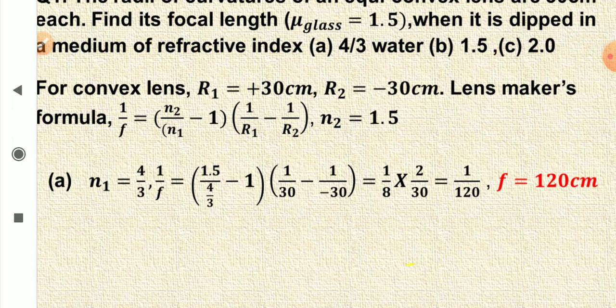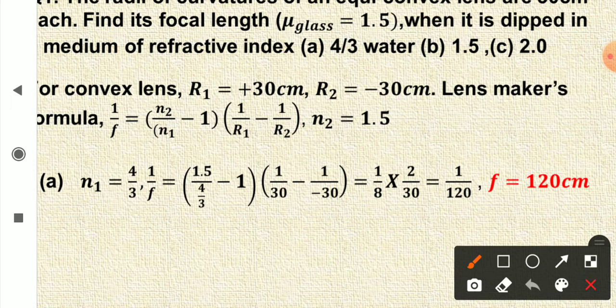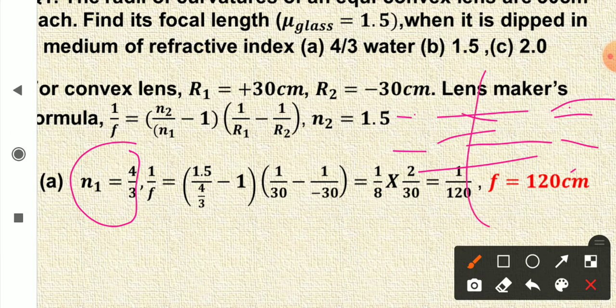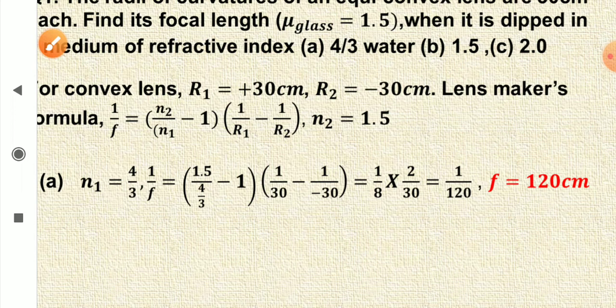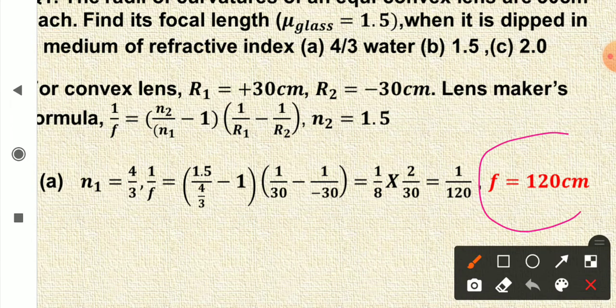So when N1 is 4 upon 3, the outside medium is 4 upon 3, that is the lens is dipped in water. This is water and the lens is dipped in water. So what you get? 1 upon F is, N2 is 1.5 and N1 is 4 upon 3, minus 1, and putting the values of R1 and R2, you get 1 upon 8 from here into 2 upon 30, and it is 1 upon 20, and taking reciprocal, the focal length becomes 120 centimeter.